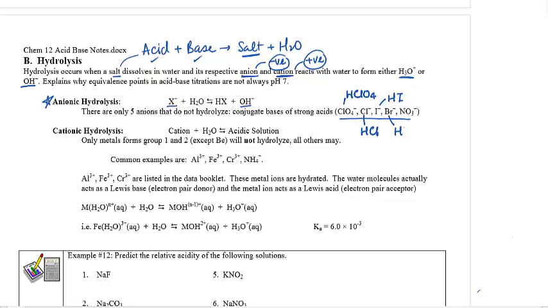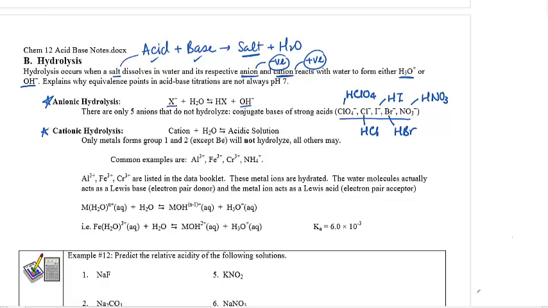Br-, which comes from HBr, which is a strong acid. And finally, you have NO3-, which comes from HNO3, that is also a strong acid. So when you take a look at your acid and conjugate base chart, the first 5 acids, which are considered to be strong acids, their negative ions will not react with water.